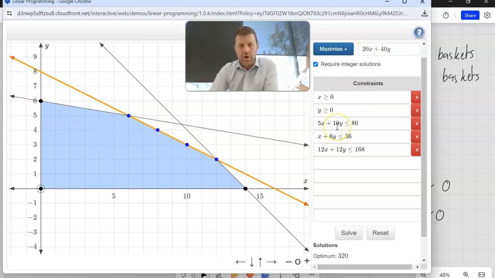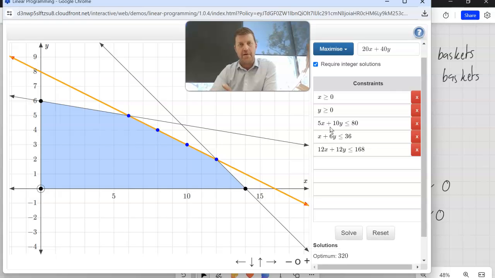And also 10, the value of B, the coefficient of y, is a factor of 40, the value of B, the coefficient of y here. Okay, so you'll notice that there are multiple optimal solutions when your objective function and one of your constraints, in terms of the coefficients of x and y, are either multiples or factors of each other.